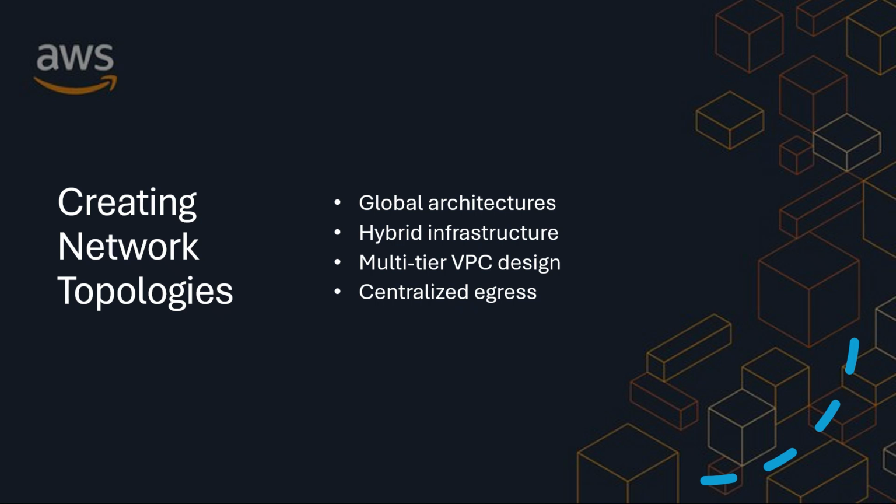When building network topologies for performance, the goal is to reduce latency and optimize the traffic flow. A multi-tier topology separates the presentation, application, and data layers for better manageability and scalability. Hybrid architectures integrate on-premises networks with AWS using VPN or Direct Connect, ensuring seamless and secure communication.